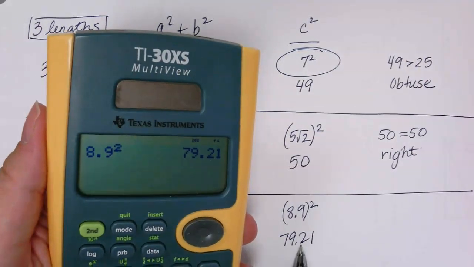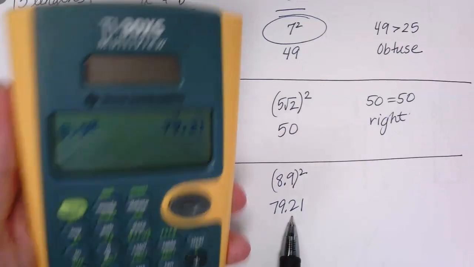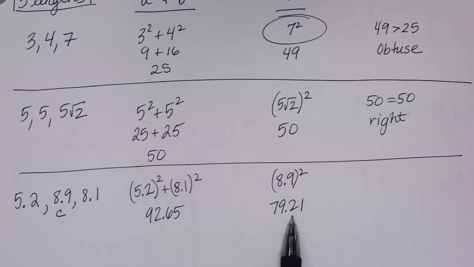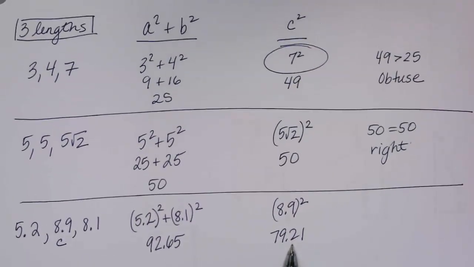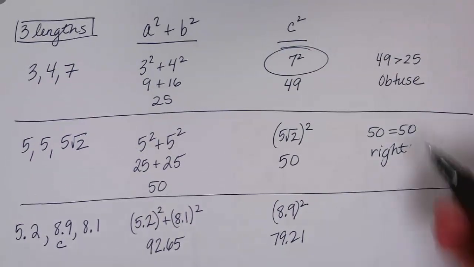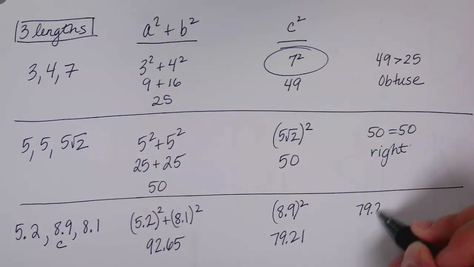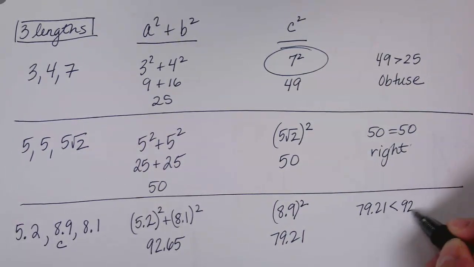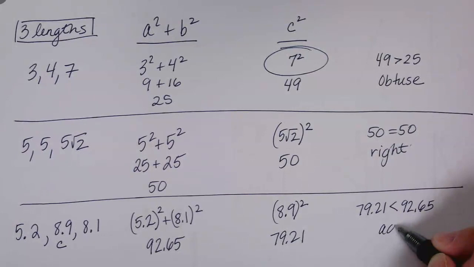Now I base my decision on this number. Is this number smaller, larger, or the same as what I got for a squared plus b squared? It's smaller. Okay, so since 79.21 is smaller than 92.65, that's acute.